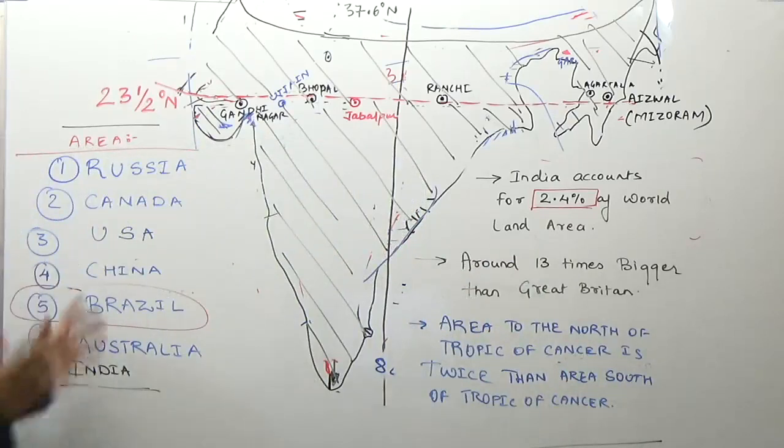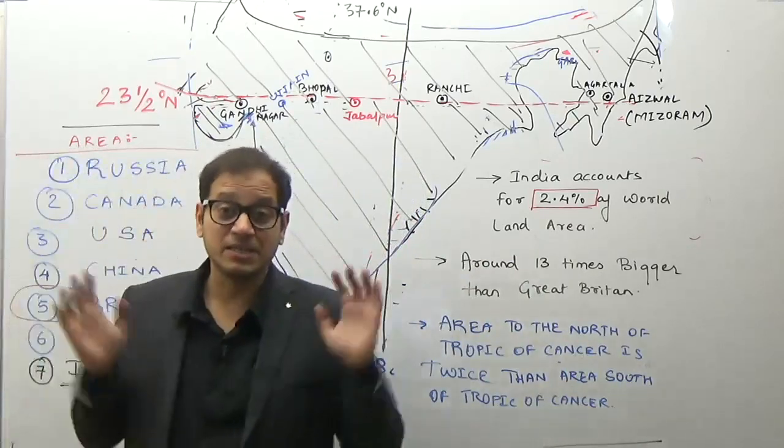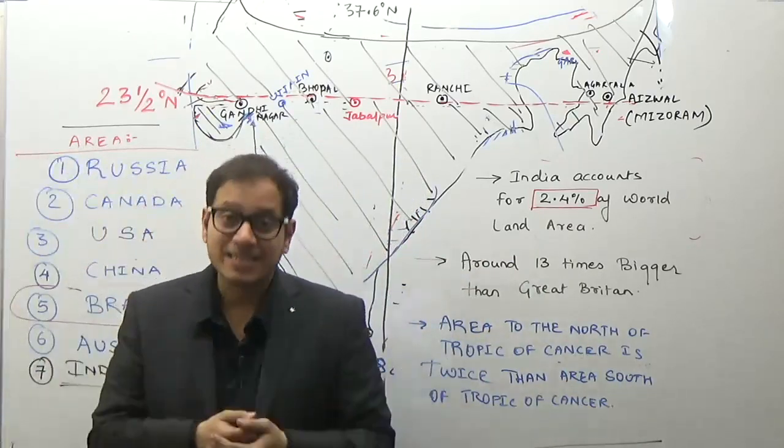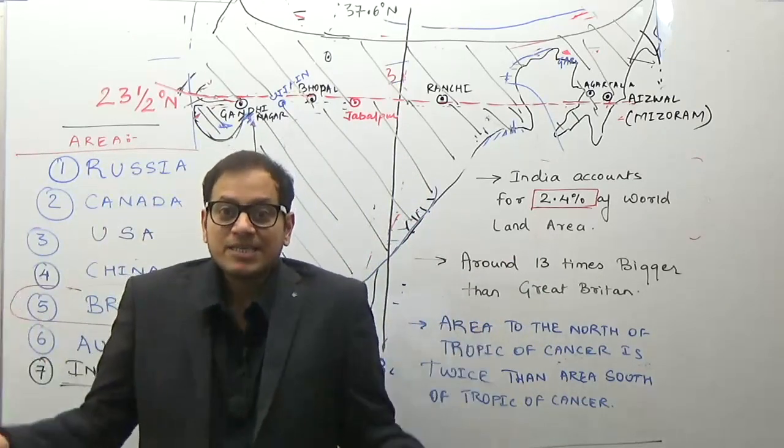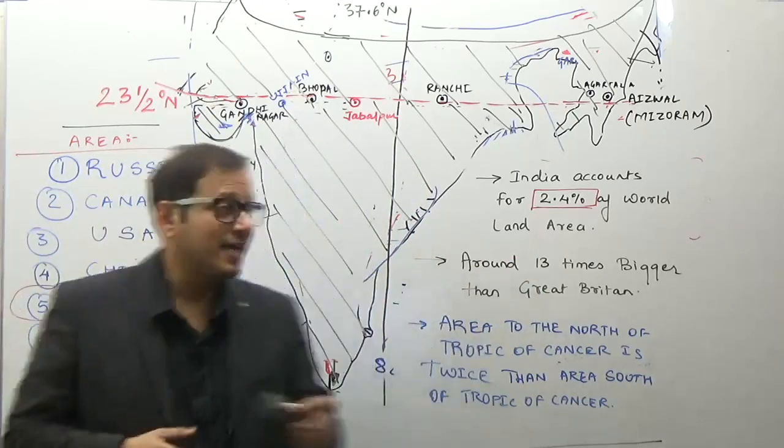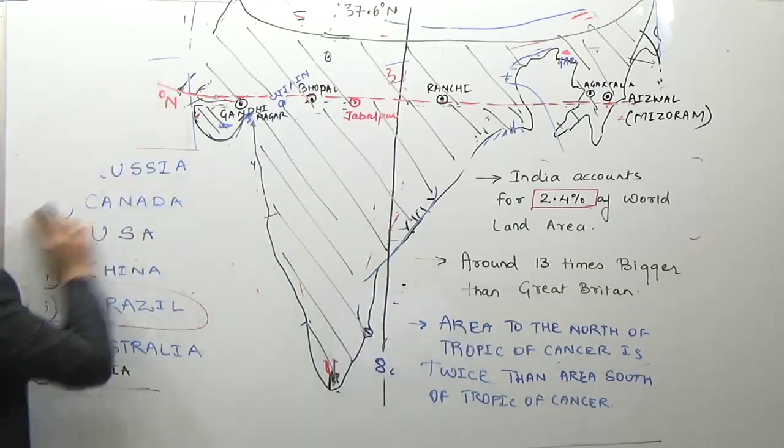Now, this is the entire India, the seventh biggest country in the world. How do the states stand in India? Which is the biggest state in India? Now, let us look at the dimensions of the states in India.